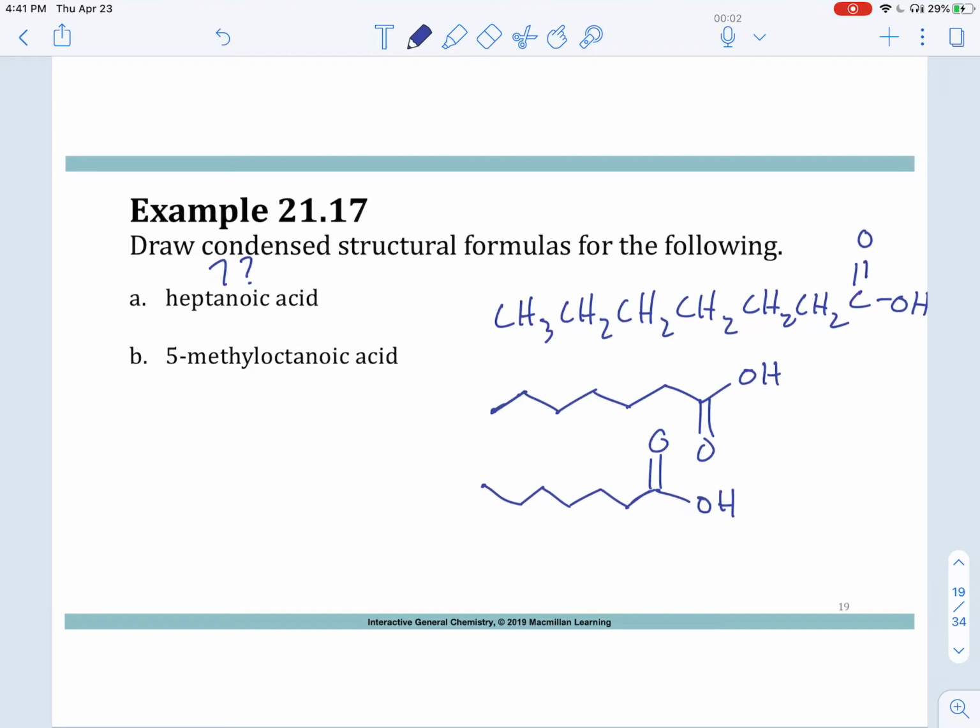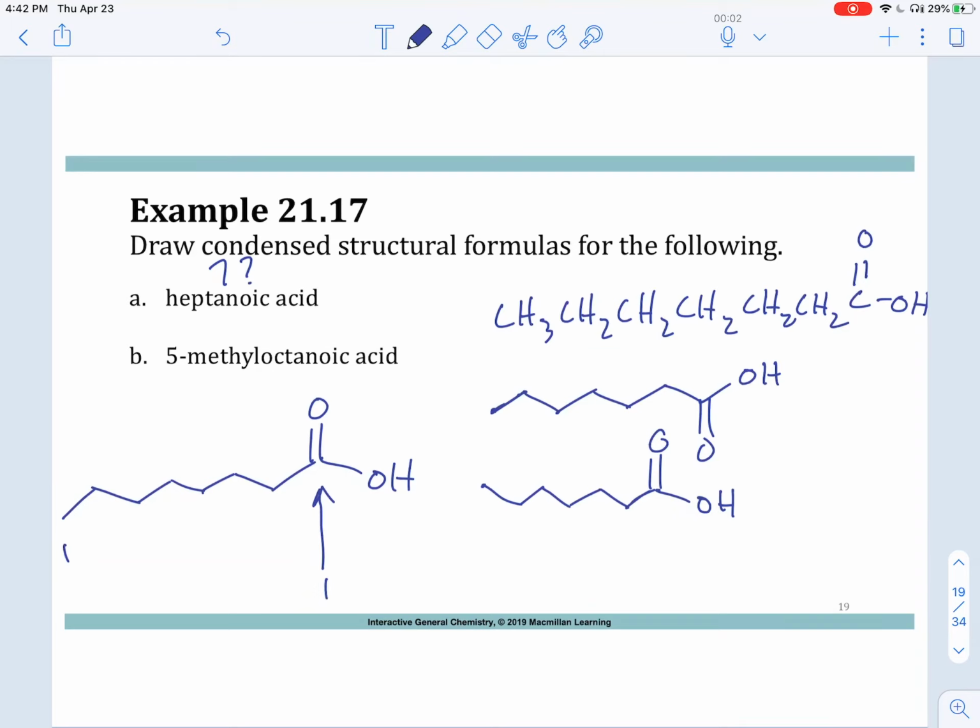Let's try that. So if I do the 1, 2, 3, 4, 5, 6, 7, 8. Remember, we start counting from that position to get our substituents right. That's the 1 position.